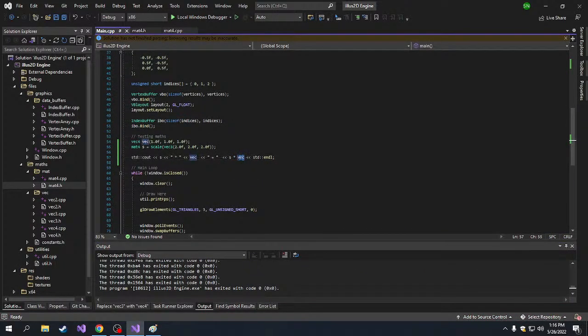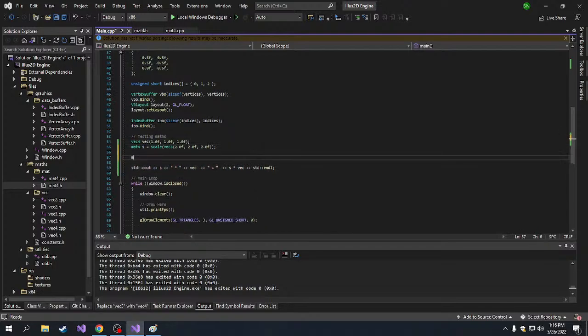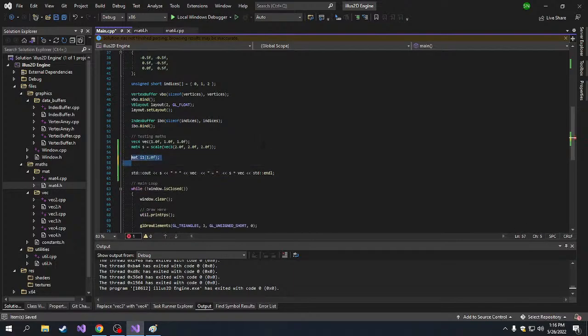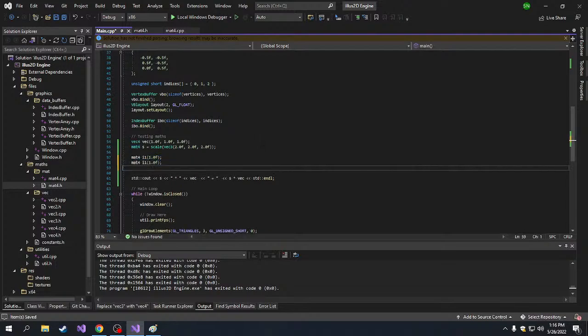Now I want to check something else. I want to make 2 identity matrices. So mat4 I1, I'll make a 1 identity matrix, and mat4 I2, I'll make a 2 matrix. Now I will just multiply these matrices together, so I1 times I2.